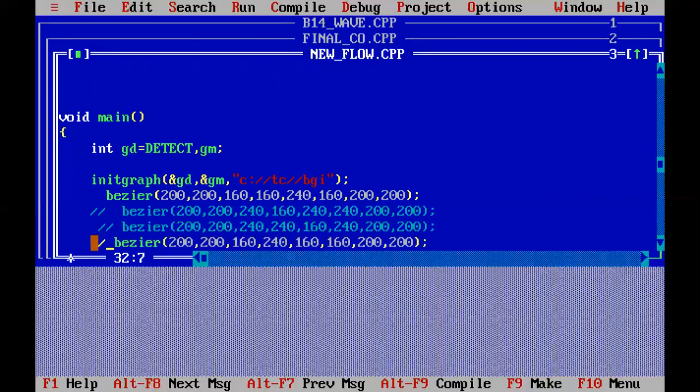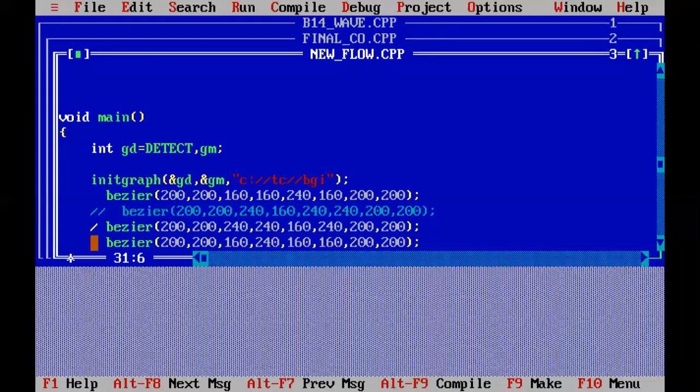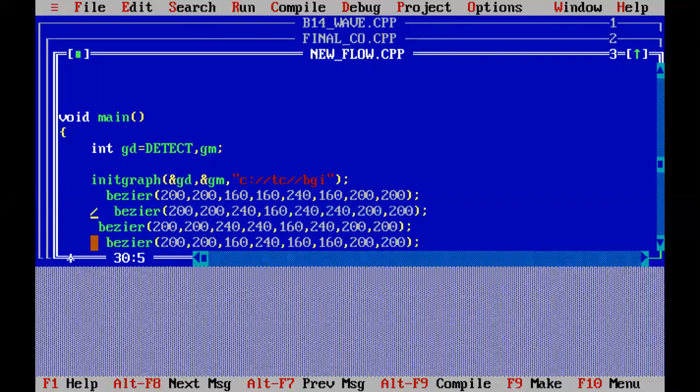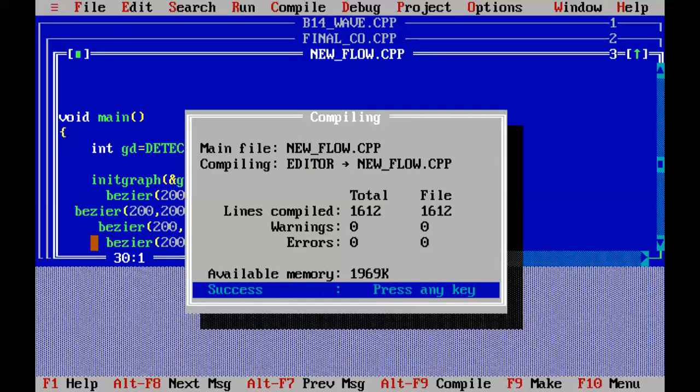So to draw 4 petals, just repeat. So this is your flower by using Bezier curve. So all the petals have the same origin. It should have the same origin to show the flower.